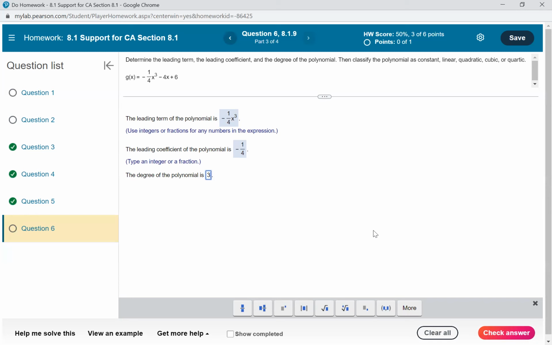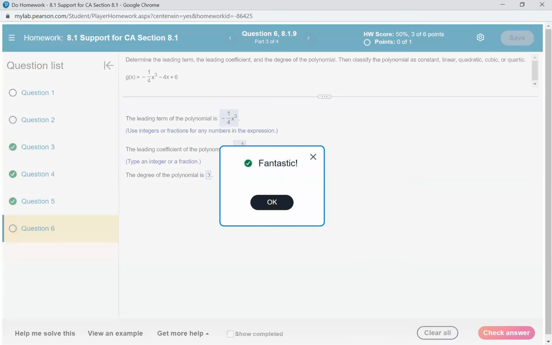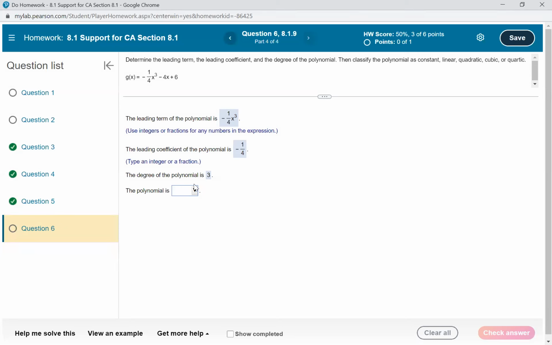All righty, y'all. Classify that polynomial as cubic, quartic, constant, quadratic, or linear. Cubic. There you go.